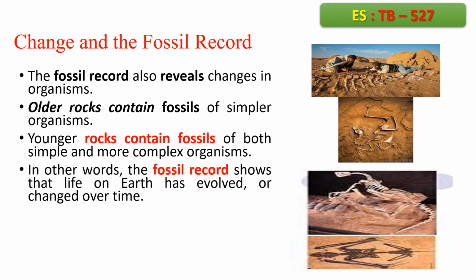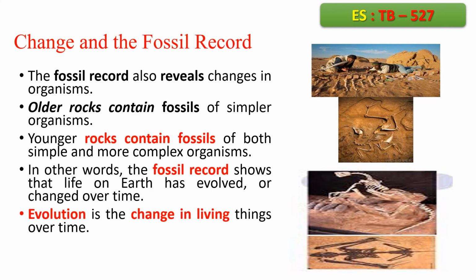In other words, the fossil record shows that life on Earth has evolved or changed over time. Evolution is the change in living things over time. The fossil record provides evidence for evolution.